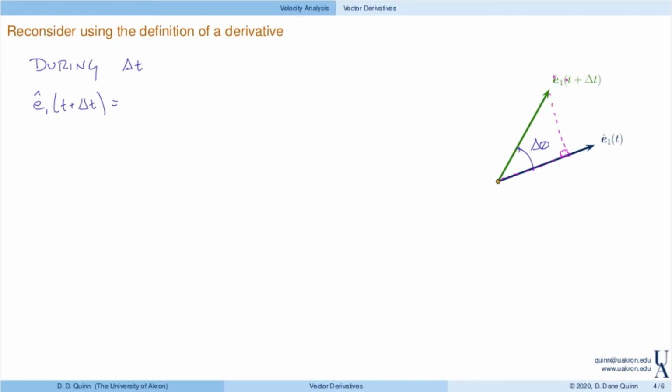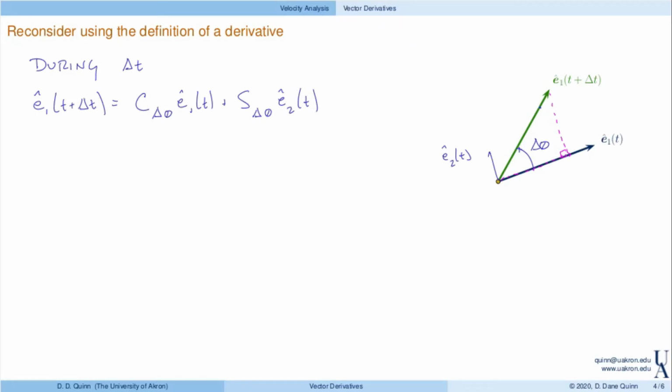And I'm going to write E1 at the new time in terms of E1 and also E2, right? So here E2 would be in this direction at time t. And this becomes cosine of delta theta in the E1 direction. Again, this is E1 at the original time, plus sine of delta theta E2 at the original time.